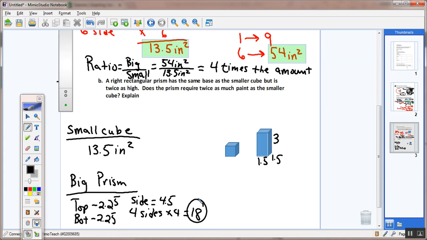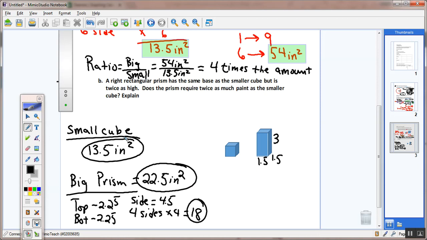Quick question. How am I going to find the total surface area for the big prism? Well, you got top and the bottom, 2.25 and 2.25 added. That's 4.5. And then 4.5 plus how much more, kids? 18. 4.5 and 18. 22.5 square inches.